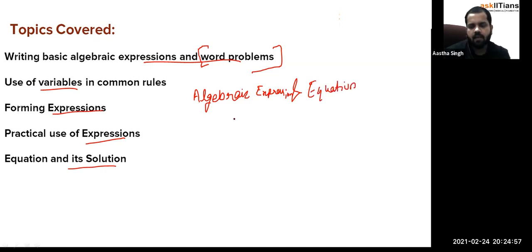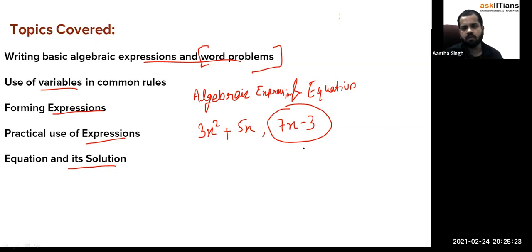So guys, an algebraic expression is a combination of variables and constants with algebraic operations between them. For example, if I write 3x square plus 5x, or 7x minus 3, it is an algebraic expression.